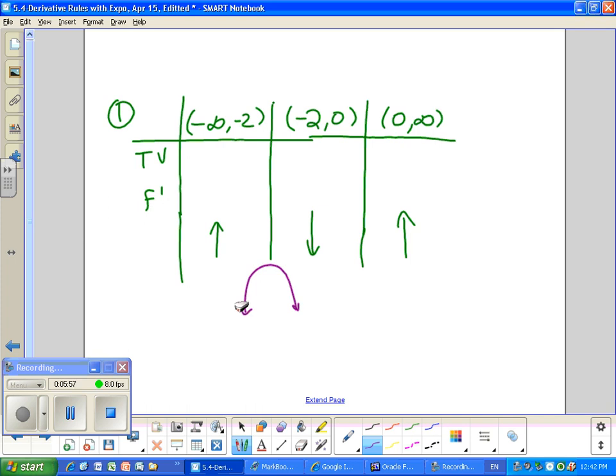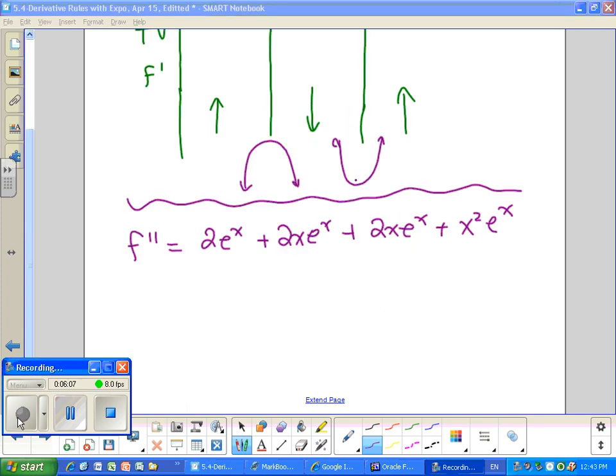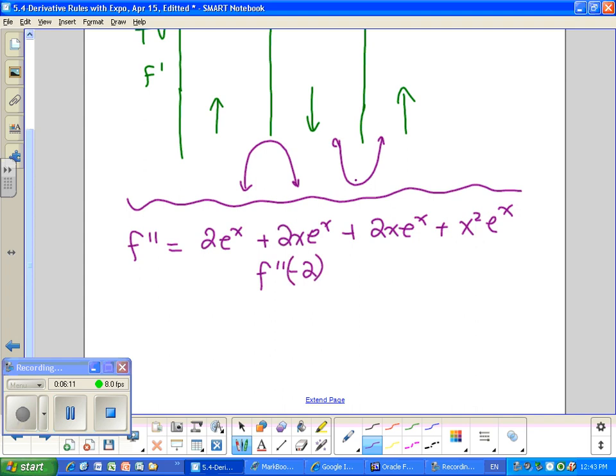At what x value? -2. We went from decreasing to increasing, we're at a minimum here. Okay? So that's your alternative then. Subbing -2 into your f double prime and subbing 0 into f double prime, you would get negative and positive. Therefore, you have a max at -2 and a min at 0.